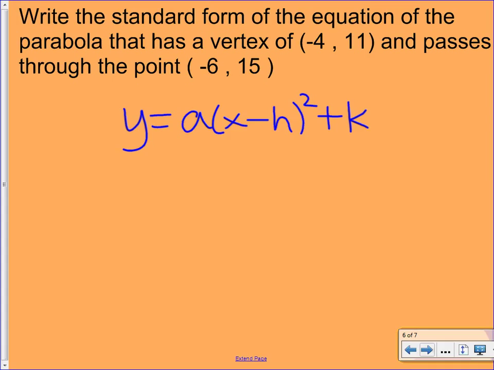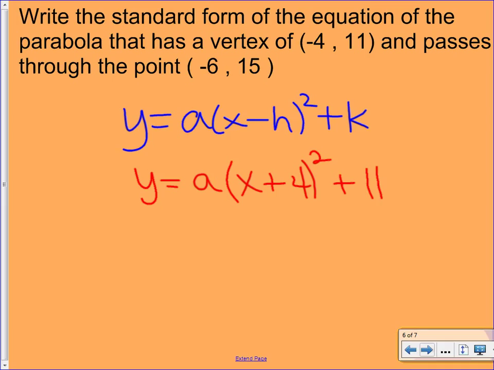Okay, our vertex is at (-4, 11). So we have y equals a times (x plus 4) squared plus 11. Okay. Now we need to figure out a. Yes.